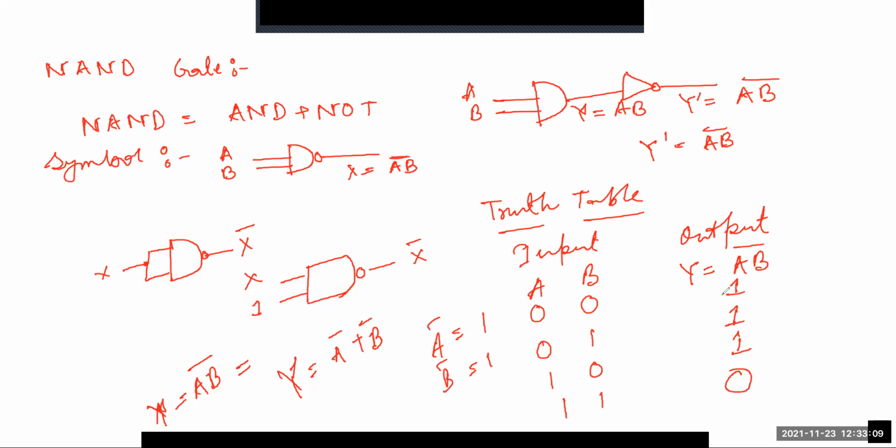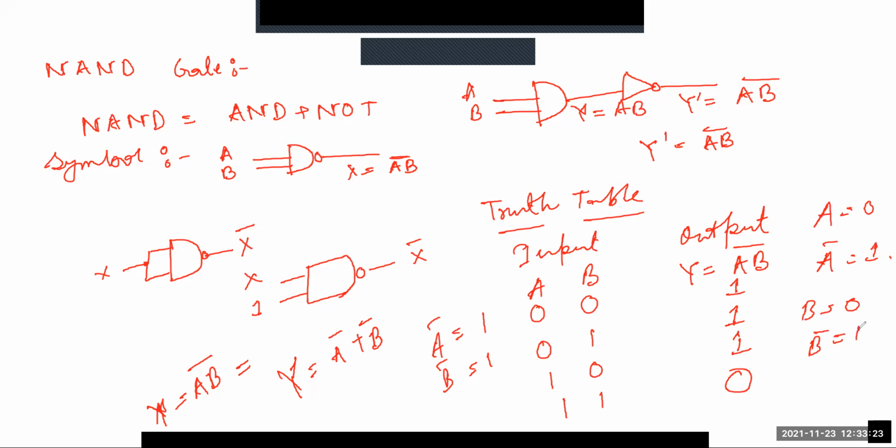Or you can see here, if A equals 0, then A bar equals 1. If B equals 0, then B bar equals 1. In these three combinations of A and B, either A or B is 0, that's why we are getting 1.